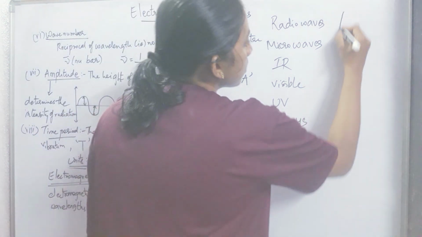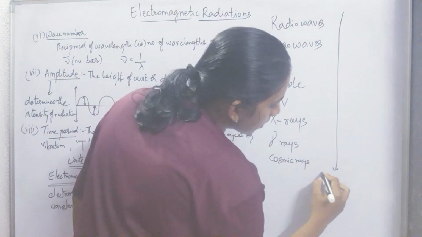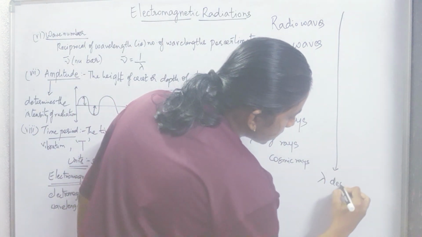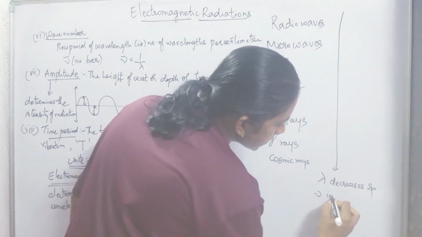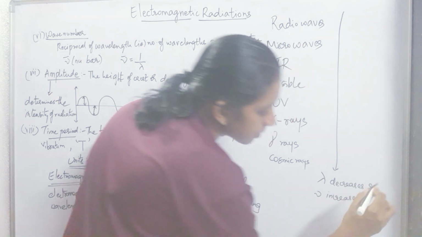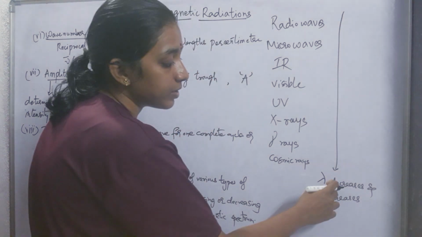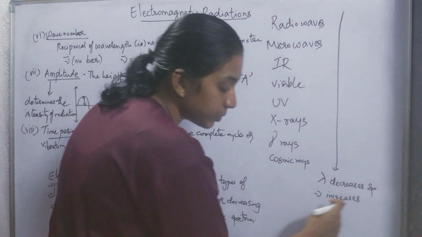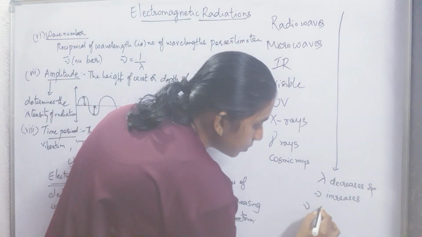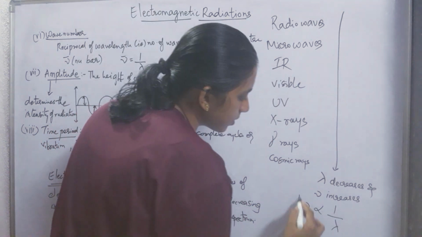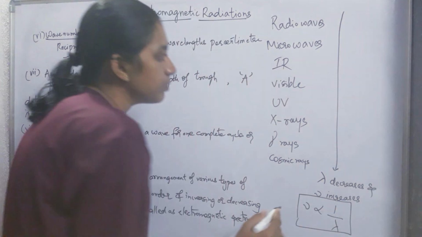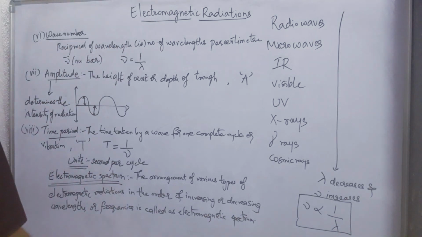So down this, the wavelength decreases and frequency increases. Why does lambda decrease and frequency nu increase? Because nu is inversely proportional to wavelength lambda. So this is what electromagnetic spectrum is.